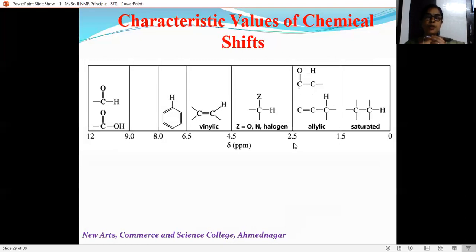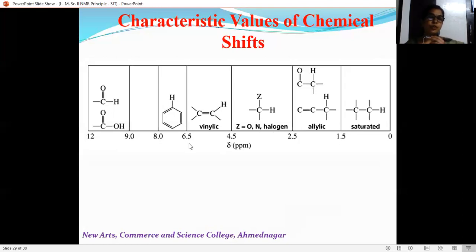Now as we move from 2.5 up to 4.5, the protons are still present on an sp3 hybrid carbon atom, but the carbon atom is attached to an electronegative element. This Z can be oxygen or nitrogen. Look at this here: this carbon atom is attached to an sp2 hybrid carbon atom, this carbon atom is attached to an sp3 hybrid carbon atom, and this carbon atom is attached to an electronegative element.